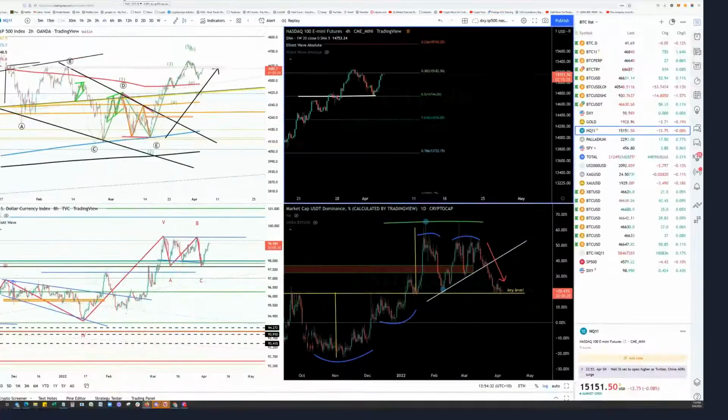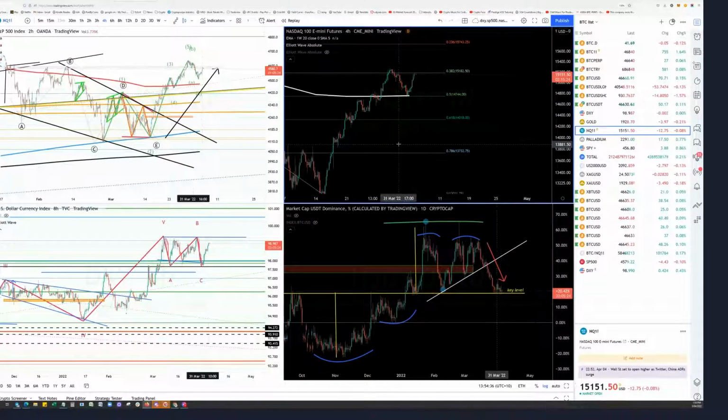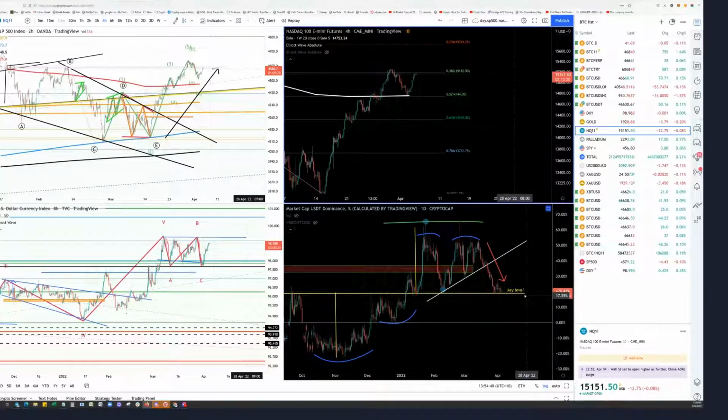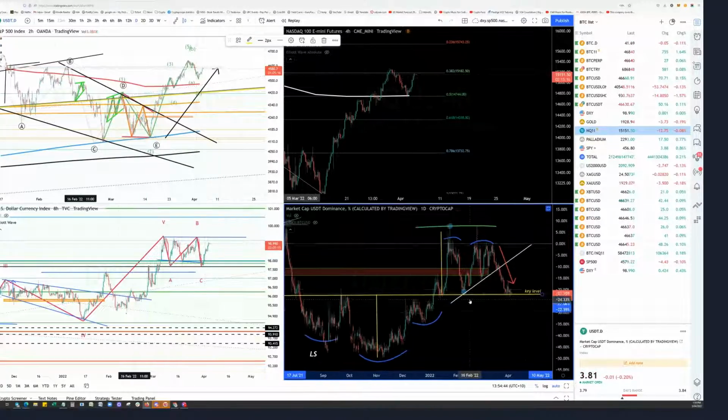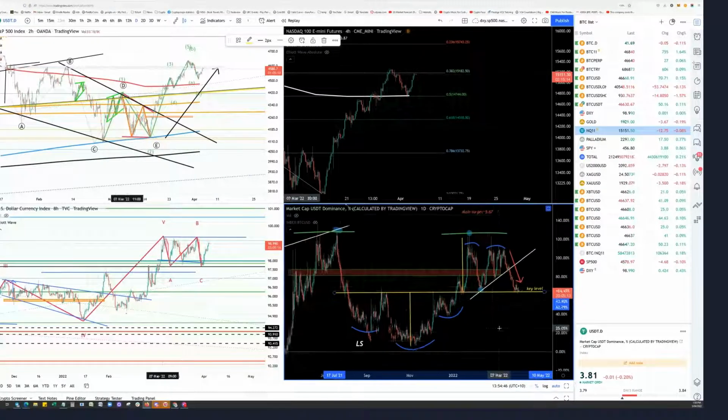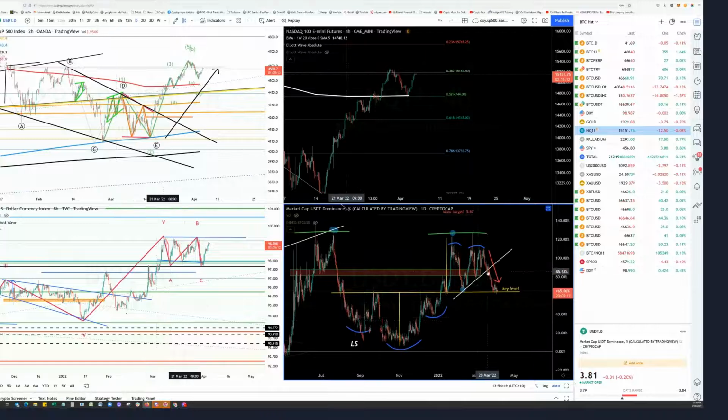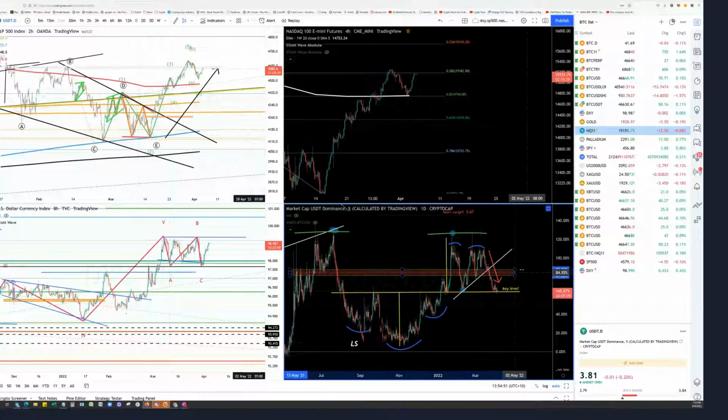What I do want to talk about is this here. Confluence with the Nasdaq and also the Ethereum, tether dominance. I use this regularly as signs for understanding what the market's going to do.